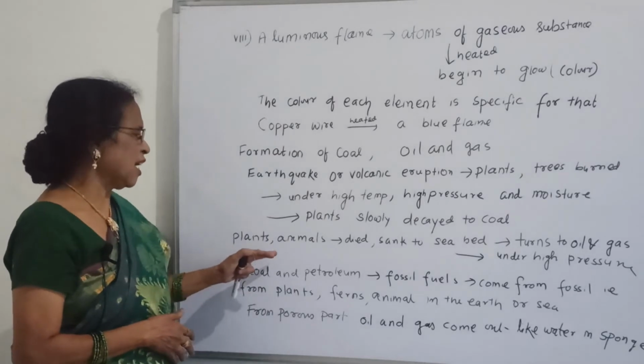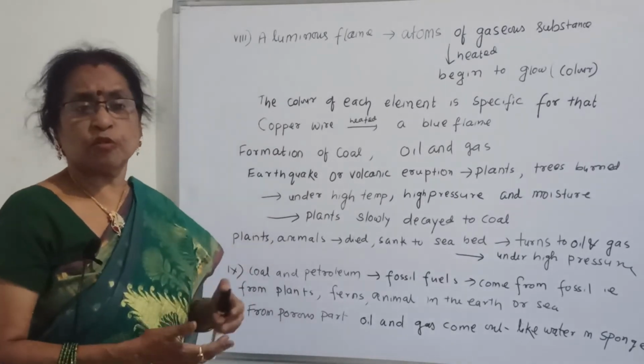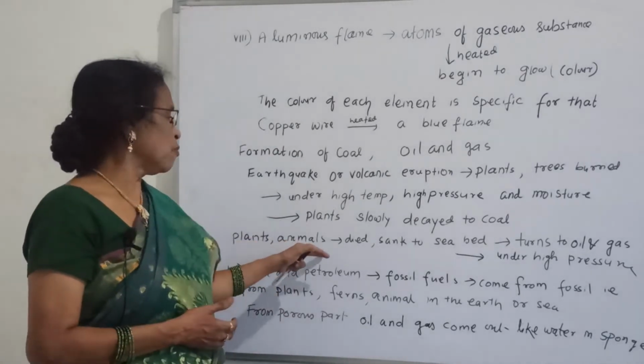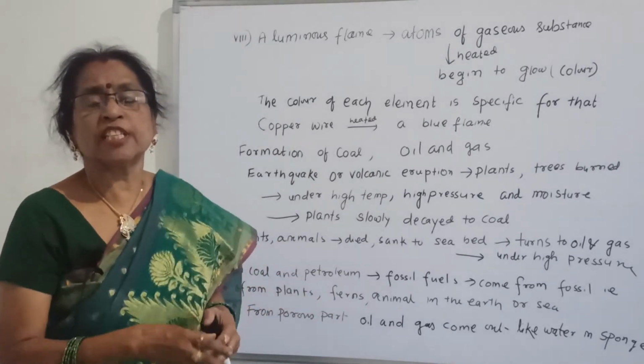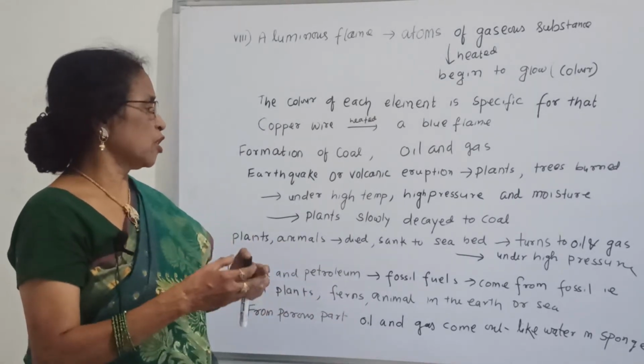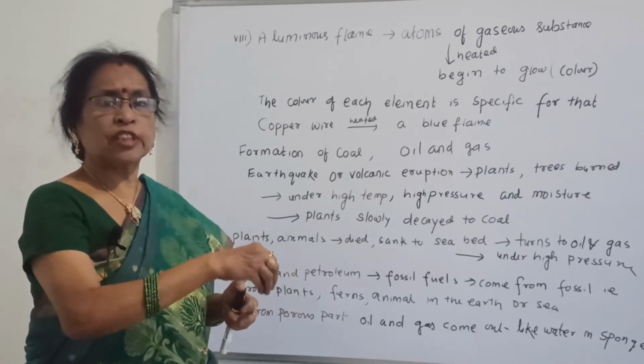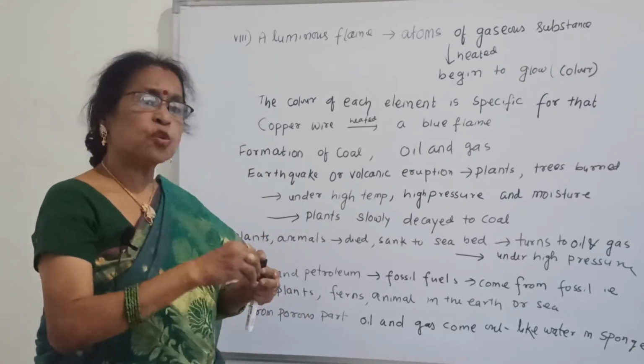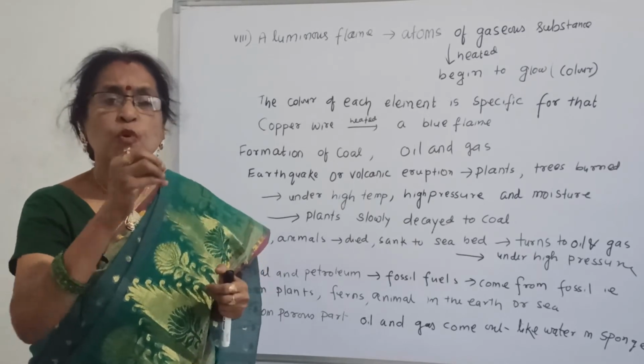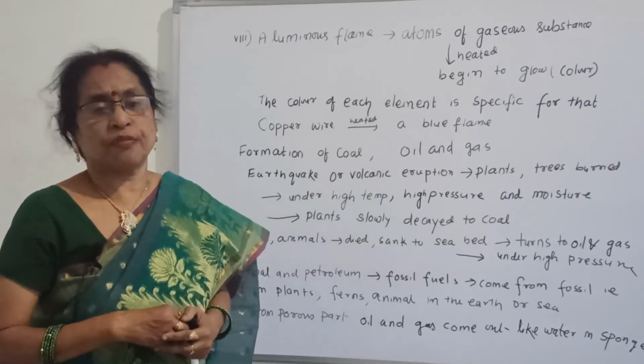Then plants and animals in the sea can also be found. Plants and animals died, and after dying, what happened? They sank to the sea bed and turn to oil and gas, with a porous structure on the surface.